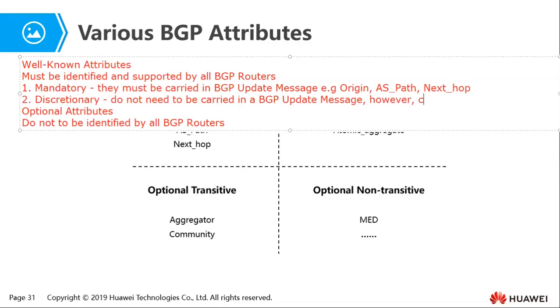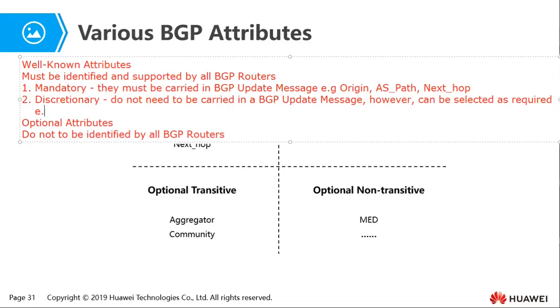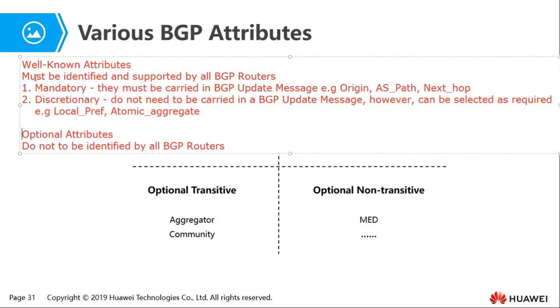However, they can be selected as required. Examples, we have the local preference. We're going to look at the local preference, and also another one we call atomic aggregate, which we're also going to look at.